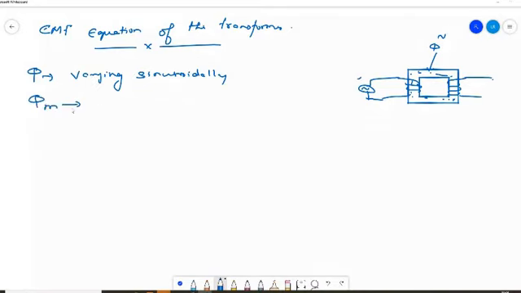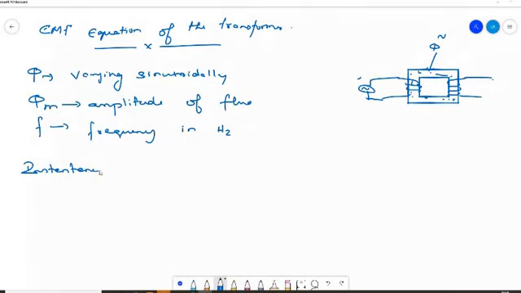So let phi m be the amplitude of the flux and let f be the frequency of this flux in hertz, and the instantaneous value of this flux at a particular time t is given by phi m, the maximum amplitude, sine 2 pi ft.